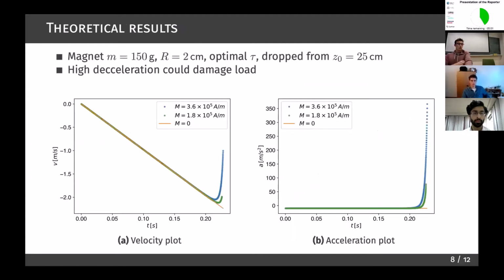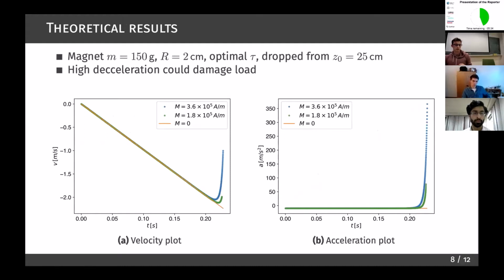We simulated the dropping of a 150-gram magnet with a radius of 2 centimeters with optimized tau, which gives the height of the magnet, dropped from 25 centimeters above the plate.